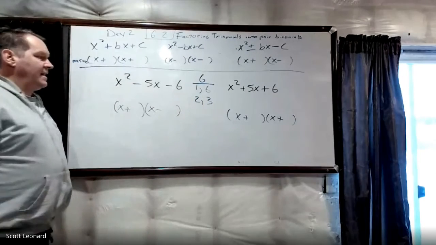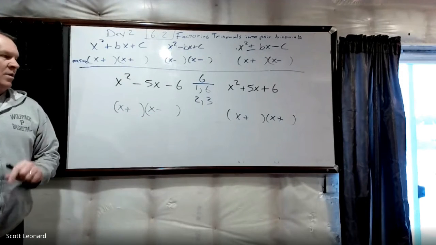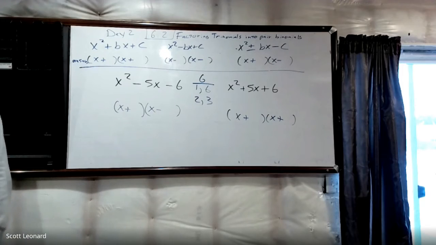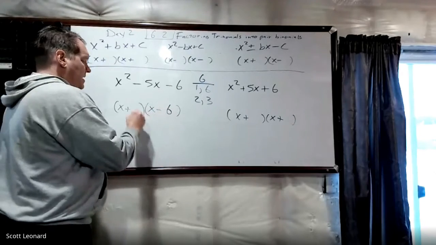1 and 6, and then 2 and 3. Okay? How am I going to get a -5 if one of them is positive and one of them is negative? -6 and +1.